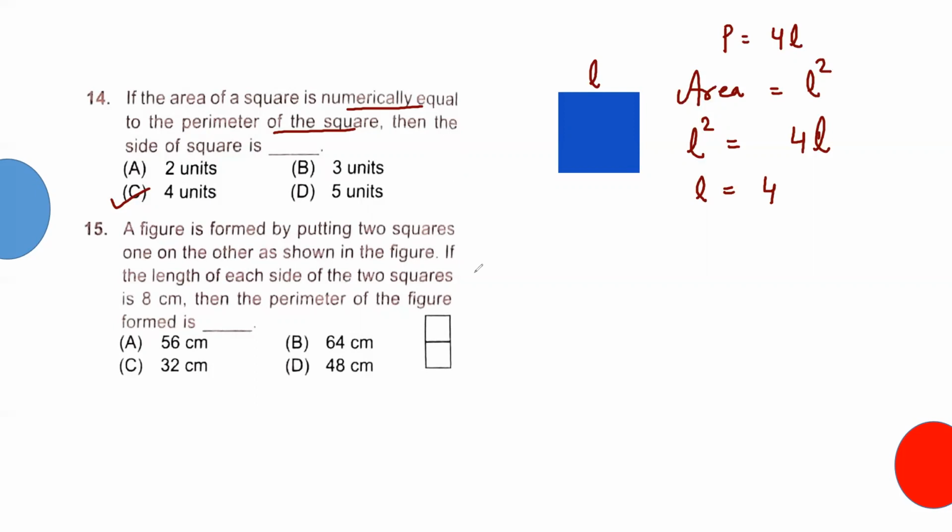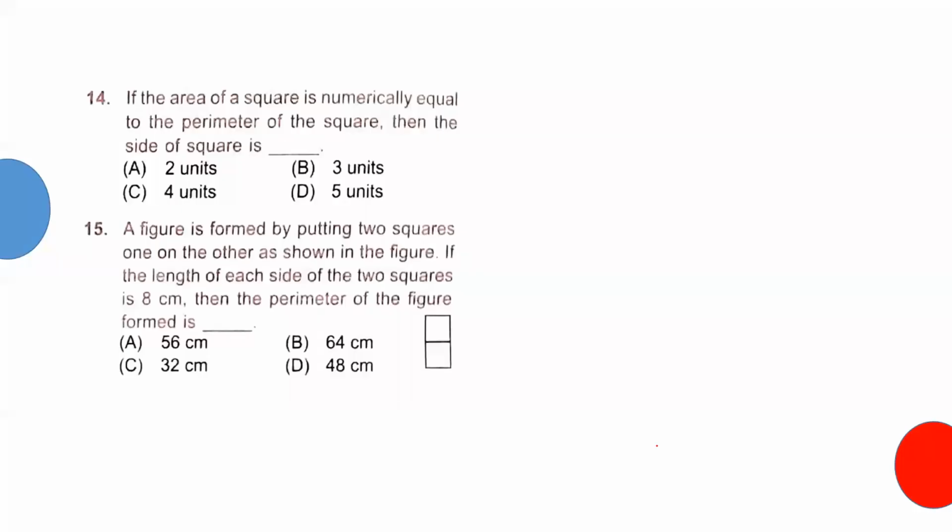Let's go to number 15. A figure is formed by putting two squares one on the other as shown in the figure. So the figure is given something like this. I'll try to draw it here.